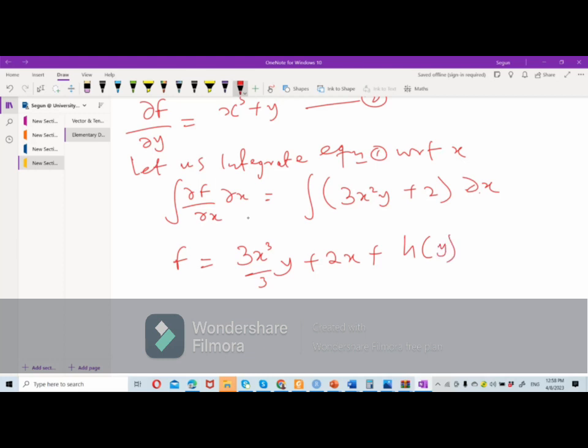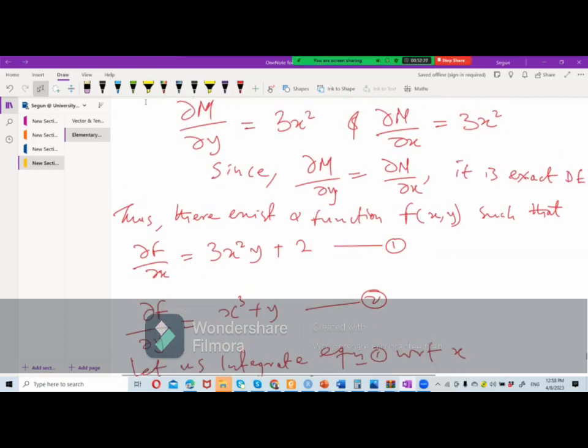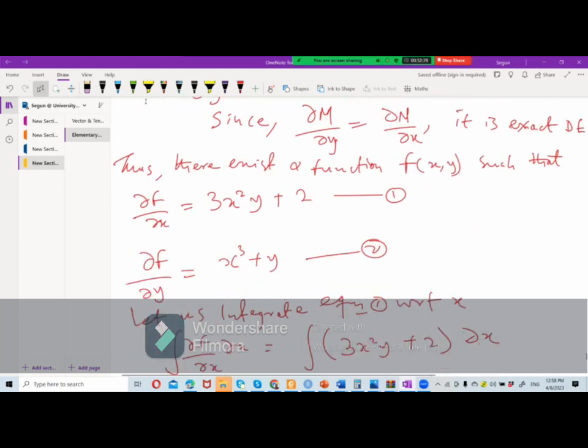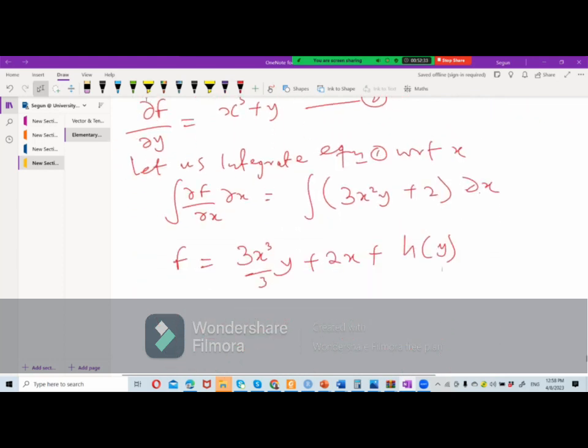Why are we introducing h of y? Remember that the equation in this case is the function of x comma y, f of x comma y, that we are dealing with.